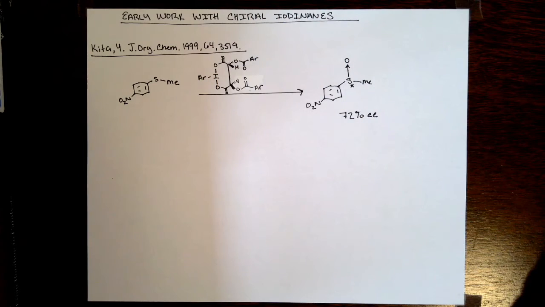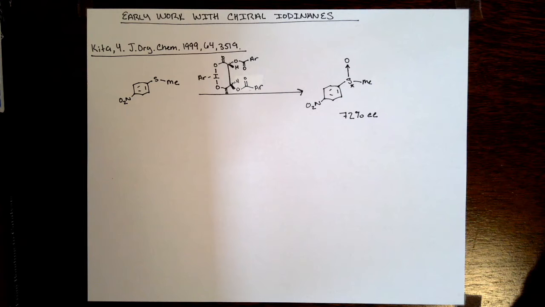The way that they did that is they prepared aryl iodide species and used arenes from the chiral pool to generate these iodines that they would then make into stoichiometric oxidants and then do a group transfer of oxygen to make an aryl sulfoxide. And they could get ees up to about 72%, which is pretty good. But the key with that reaction was it was stoichiometric in the iodine. So they prepare the iodine, then add it and run the reaction.